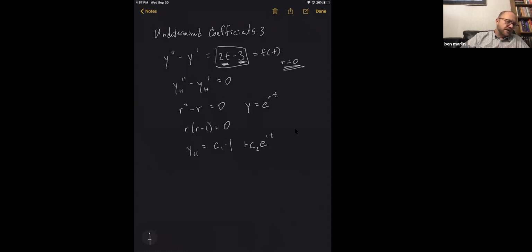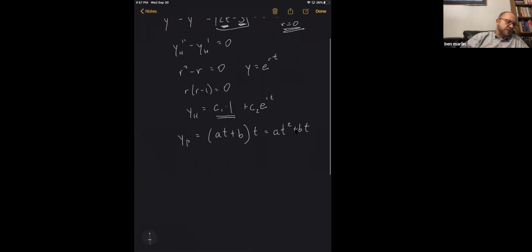So that says that when we start looking for our y sub p on this, that we are going to start out with that general form, a, oh, I guess there's no need to put a capital A, at plus b, all right? But because of the fact that we had the r equals 0 happening with multiplicity 1 there, we'll say times a t. And so we have at squared plus bt as just our general form.